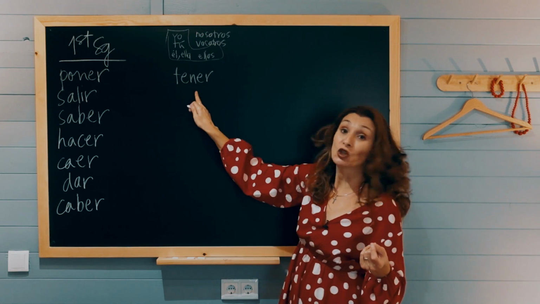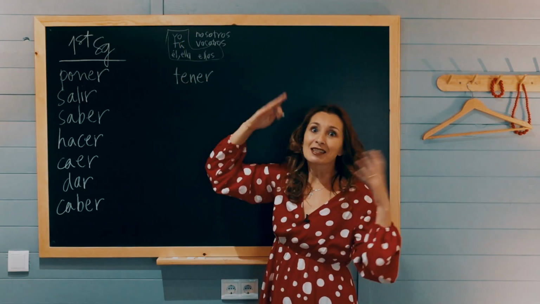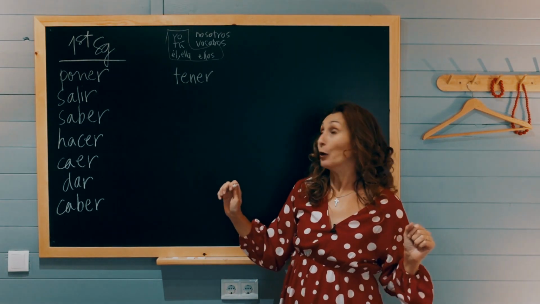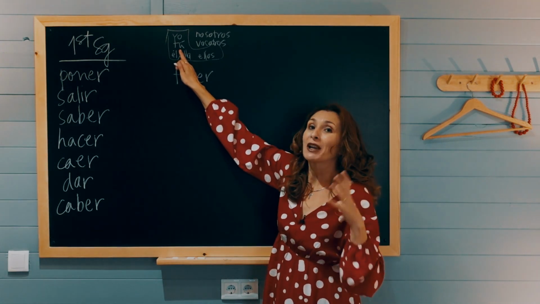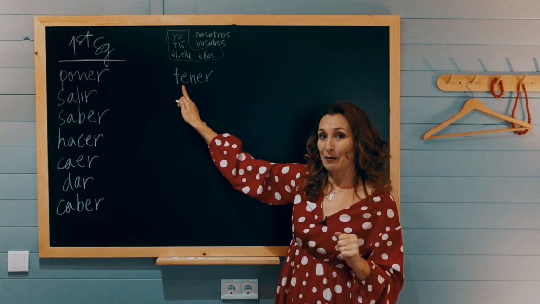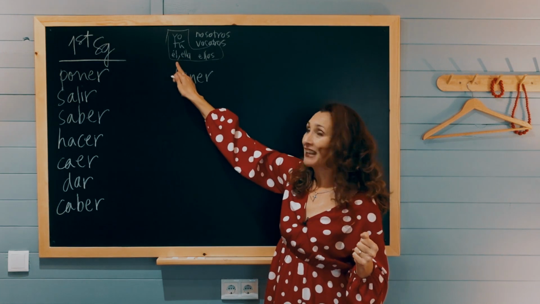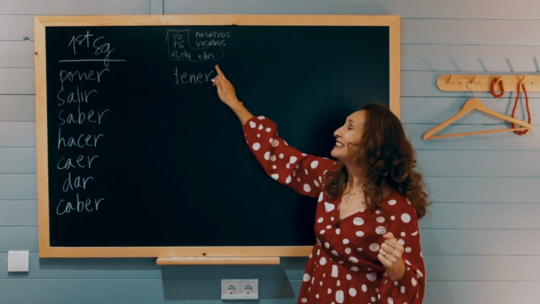There's no G in tener, and yet when I say I have, suddenly out of nowhere, a G appears. With tú, we lose the G, but we get something else: E becomes IE. And we say tienes, tiene. Tenemos, tenéis, and again, tienen.